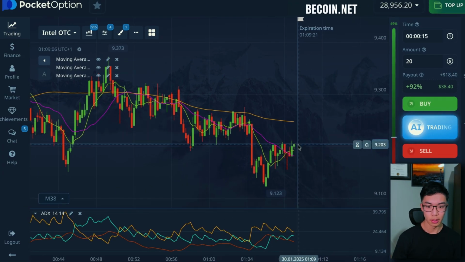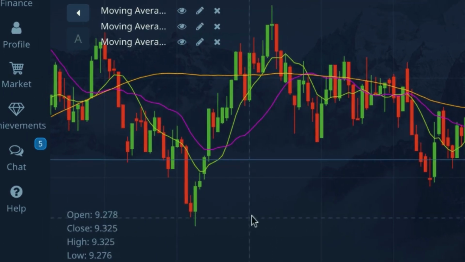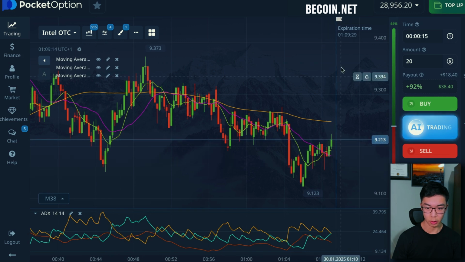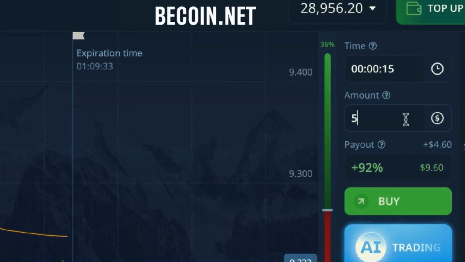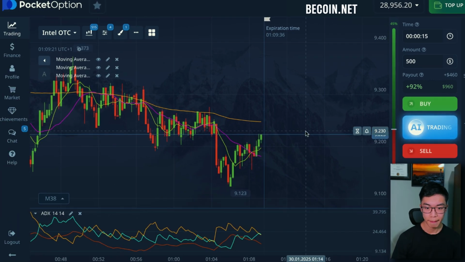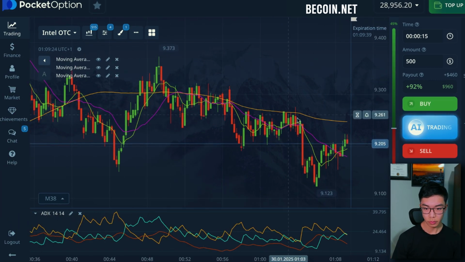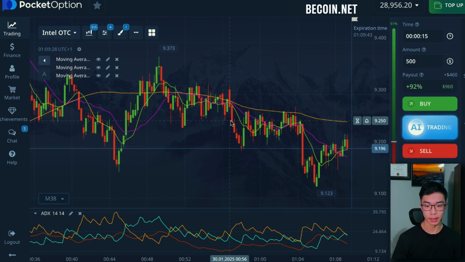Generally speaking, after they reach this level right here, there's a good movement upwards. So I'm going to increase this to 500 after this first trade is done, and it'll likely go up to roughly this level right here. It might go up a little bit further, we'll see.